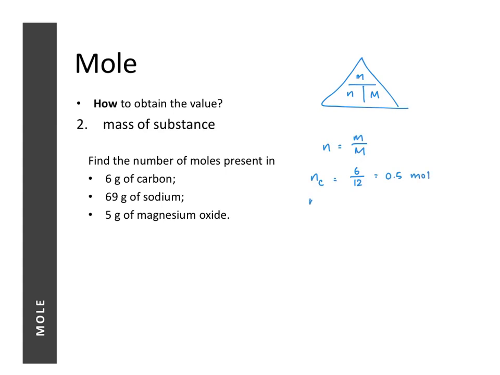Second question, number of moles of sodium is equal to mass divided by molar mass, which is 23. If you look up the periodic table, sodium has a relative atomic mass of 23, so that would give us 3 moles. And lastly, 5 grams of magnesium oxide. Number of moles of magnesium oxide is equal to mass over molar mass, which is 40, and that will give us 0.125 moles.